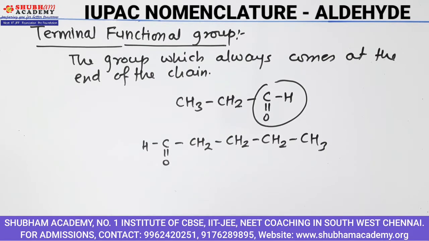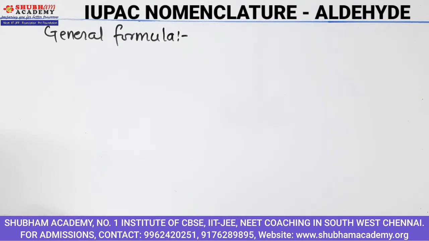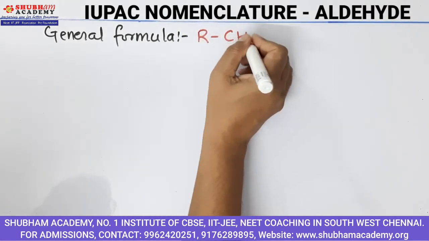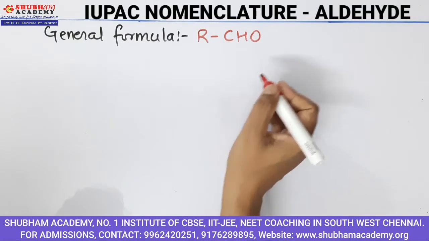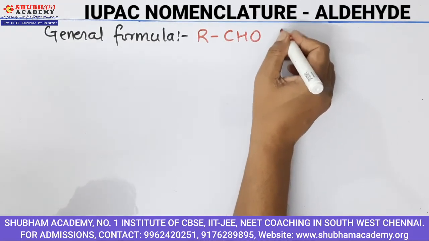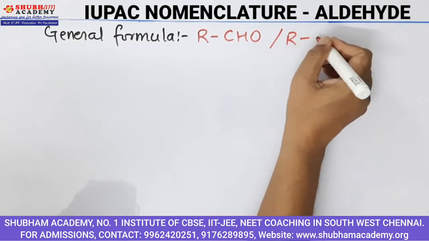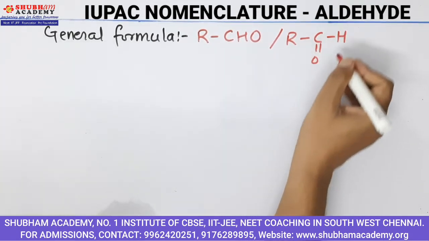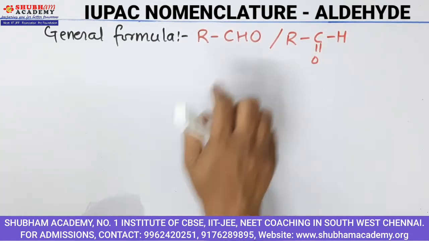Okay, so now we'll see what this functional group is, what the suffix for this is, and how to name these compounds. The general formula is RCHO. This is also written as RCOH. This is the expanded form of CHO.